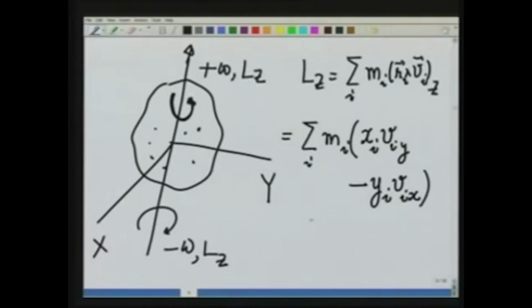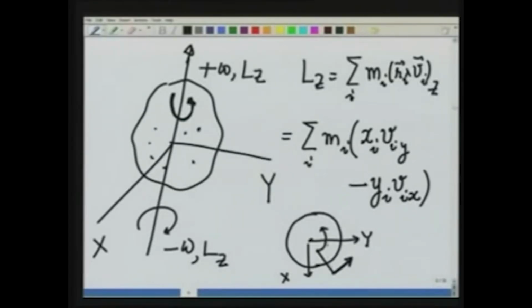Now, let us look at any point, the ith point moving. It is really moving in a circle about this axis. As I said earlier, let this be the x axis, let this be the y axis. So, velocity v at any given point is in this direction, the phi direction.